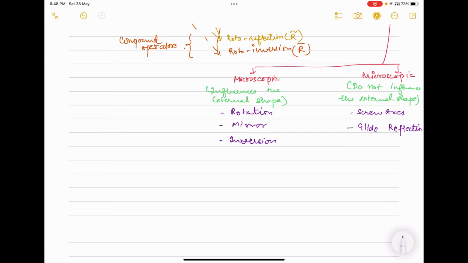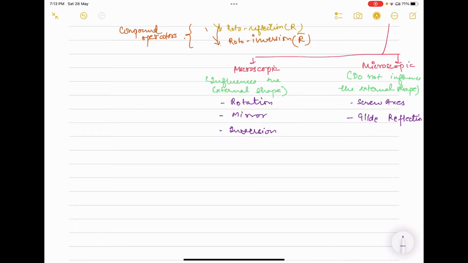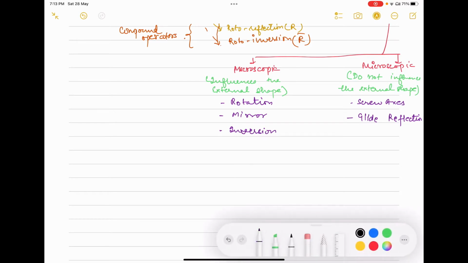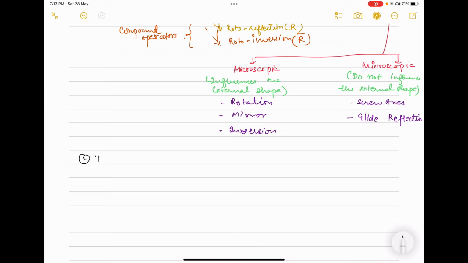Okay, now let us go through the various symmetry operators one by one. So let us first see the translational operator. So what is this translation?